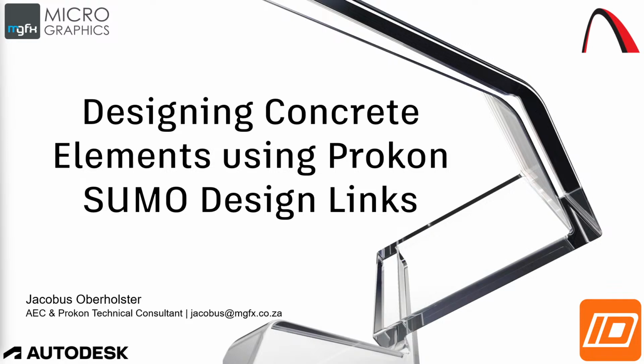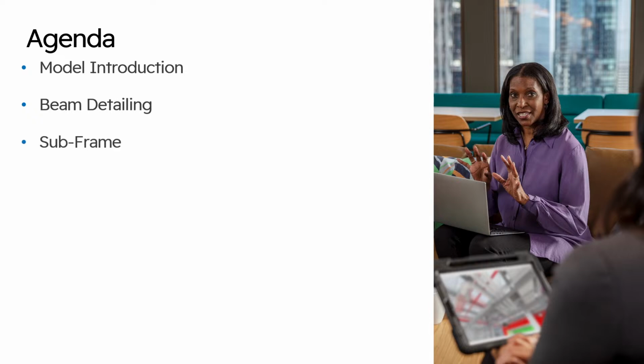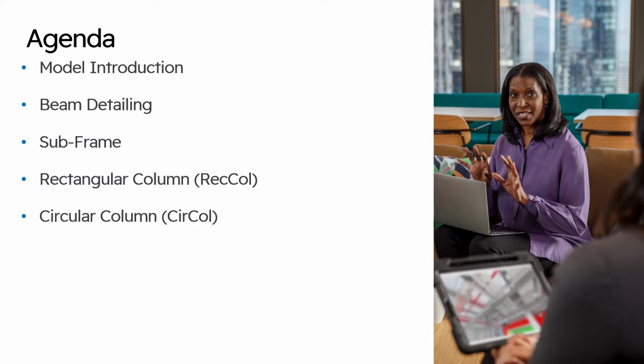So, right, without further ado, let's jump into our agenda. Just a nice brief one where we're going to look at our model introduction. We're going to look at the beam detailing design link, the subframe design link, the rectangular column design link, also shown as rec col, the circular column design link, base, and pile cap as well.